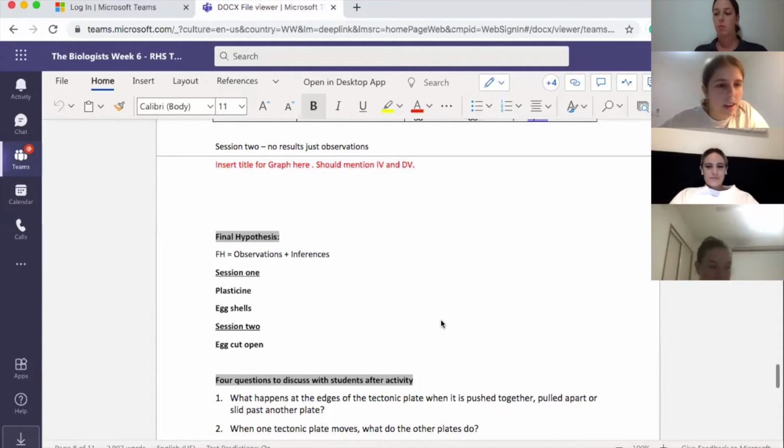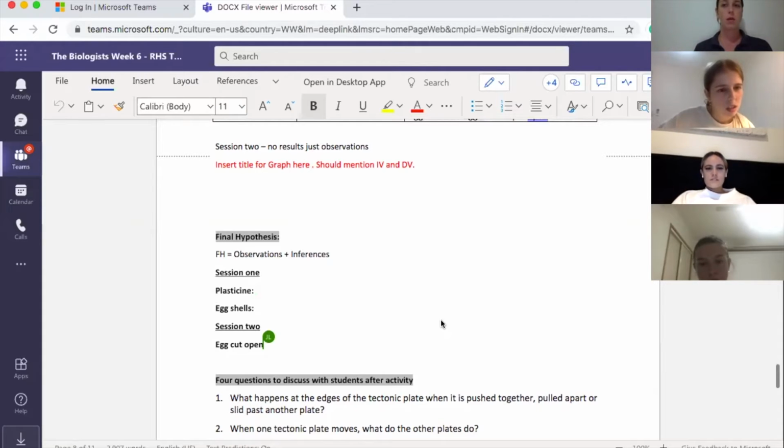And then I guess now we can do the final hypothesis. Should we do a final hypothesis for each, like push, pull, slide, or just one for all? Because they were all very similar. I reckon just one.